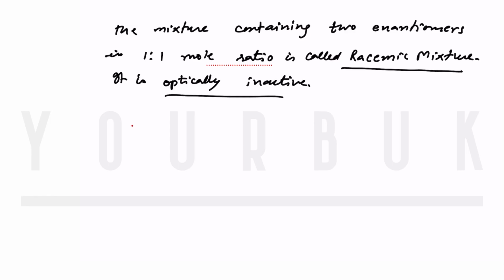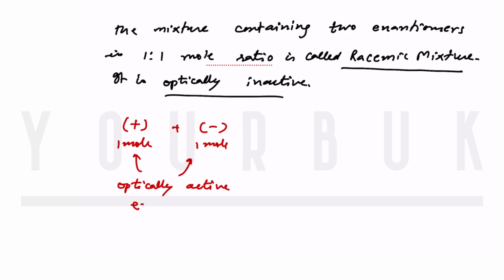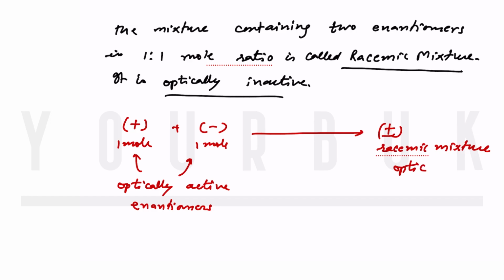And we represent it like this. This is my dextro isomer, 1 mole. This is my levo isomer, 1 mole. And both these are optically active enantiomers. So we're mixing them exactly in the ratio of 1:1. They form a racemic mixture represented by plus minus, and it is optically inactive.